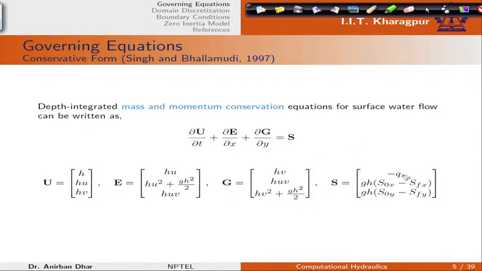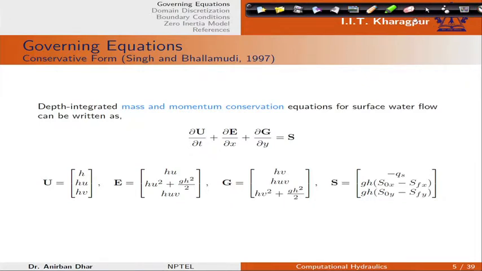Now, in this case on the right hand side we have minus QS, that means something is there which is going out of the system. We can consider infiltration as minus QS from the bottom of our ground surface.